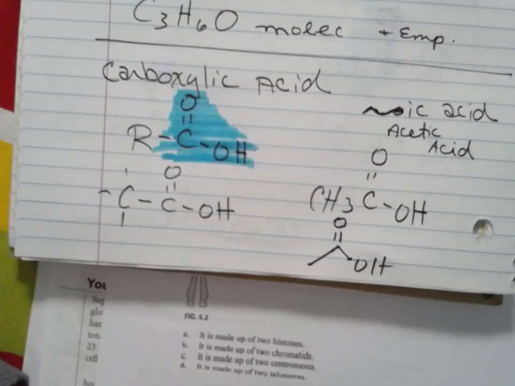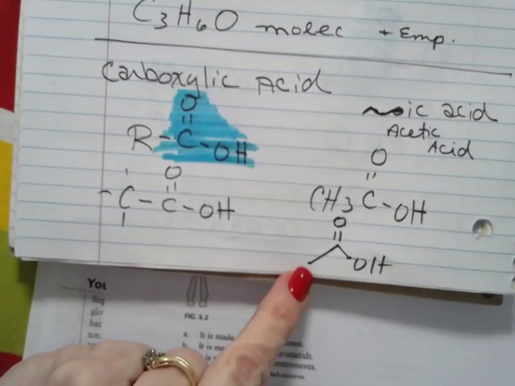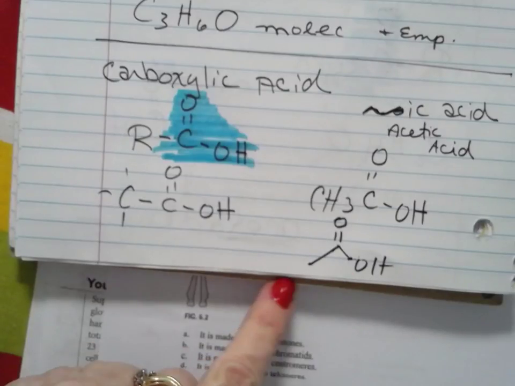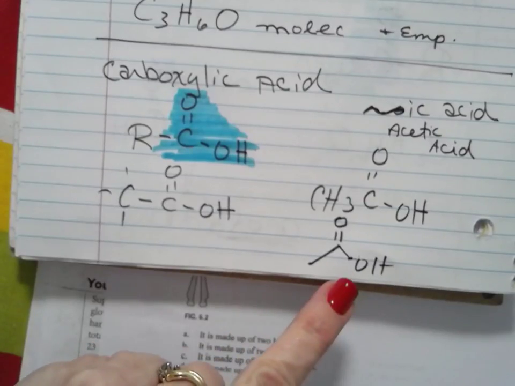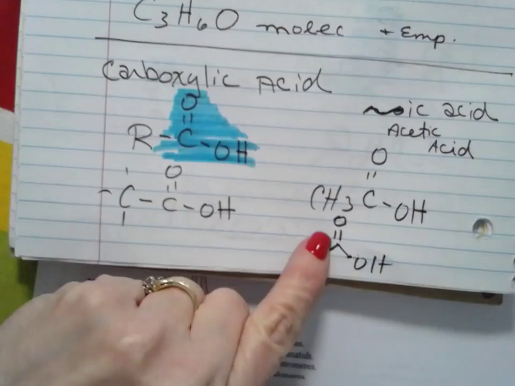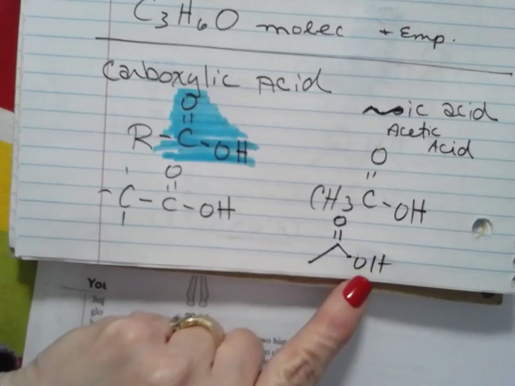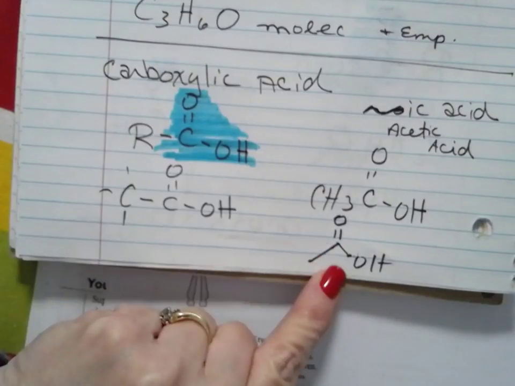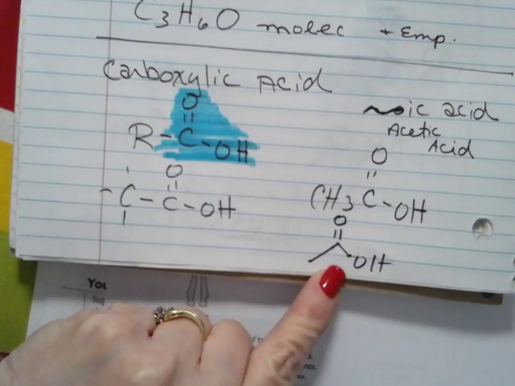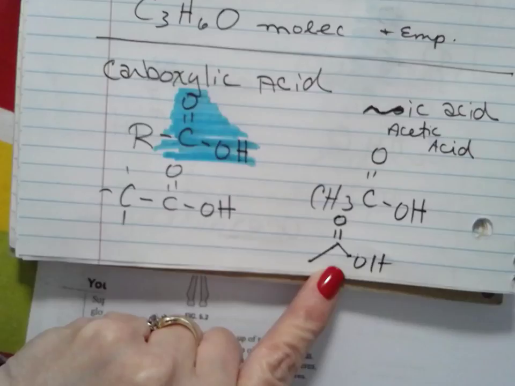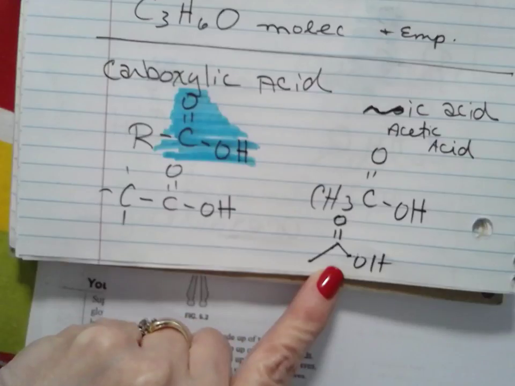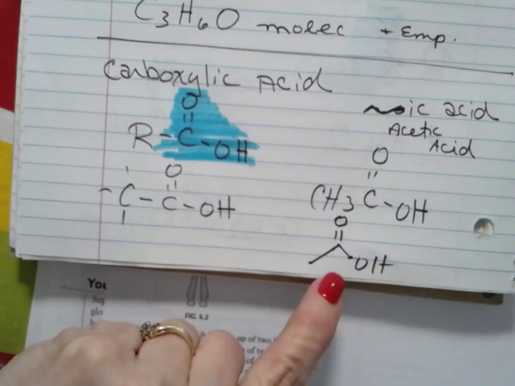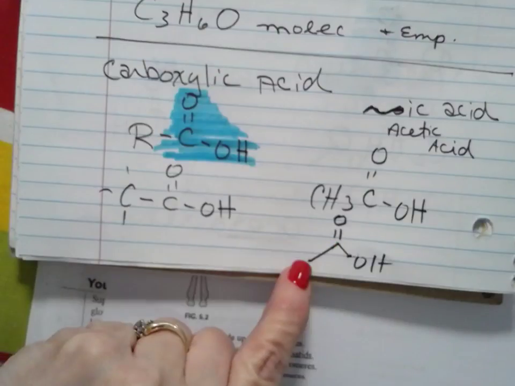The line segments show carbons, but now we're attaching the OH and the O because this is our functional group. We've got to show the functional group. It is understood universally that these lines are carbons.